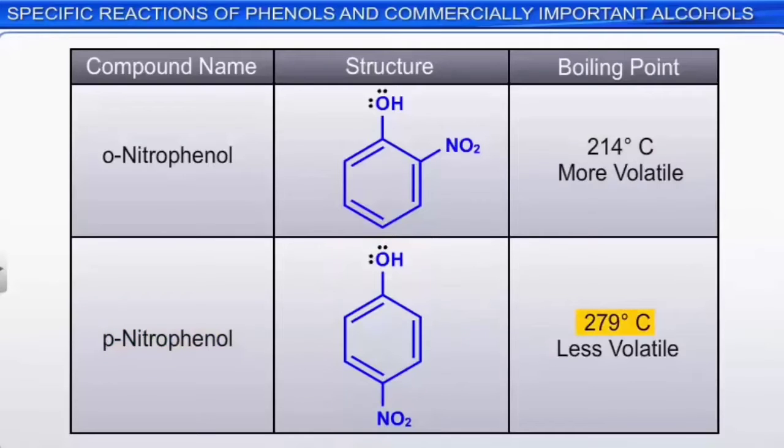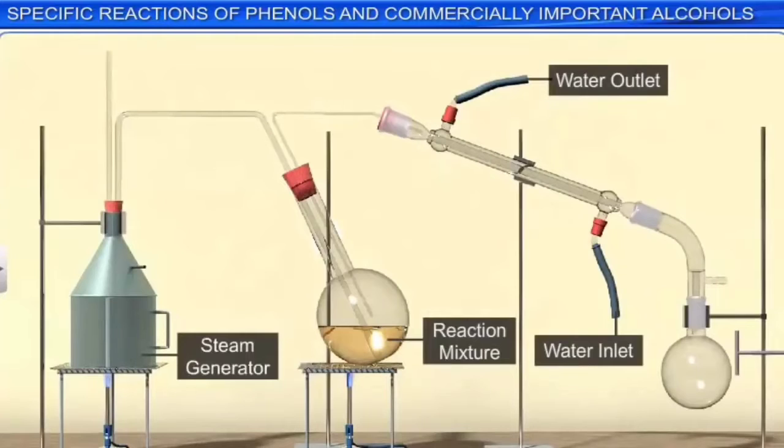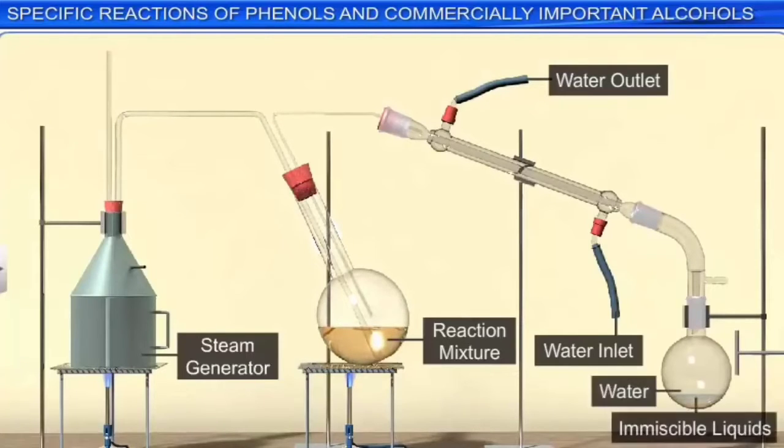We can use the difference in their boiling points to separate the isomers by steam distillation. Orthonitrophenol is steam volatile, but para nitrophenol is not.